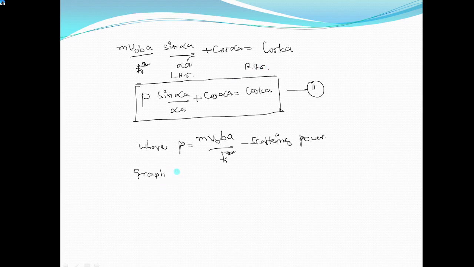So a graph is plotted between LHS of equation 11 with respect to alpha a, and the RHS of equation 11, which is cos Ka, which lies between -1 to +1. So the variation of the graph is drawn between LHS of equation 11 with respect to alpha a. The RHS of equation 11 lies between -1 to +1.